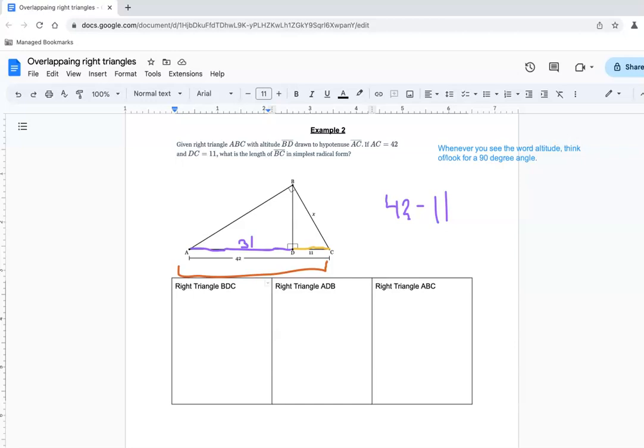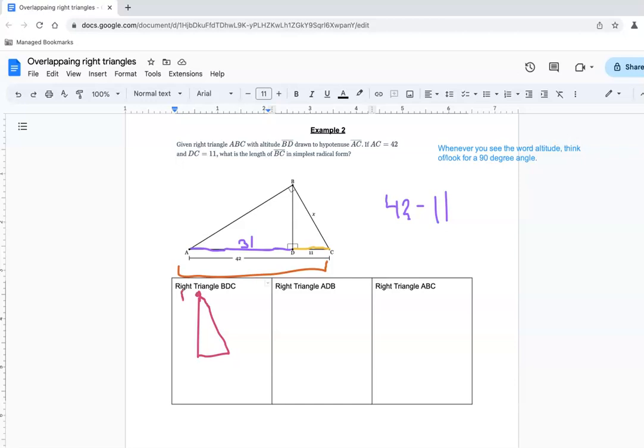So we're going to draw this triangle, triangle BDC. And again, it may not be exactly how it looks, but as long as it's close enough.